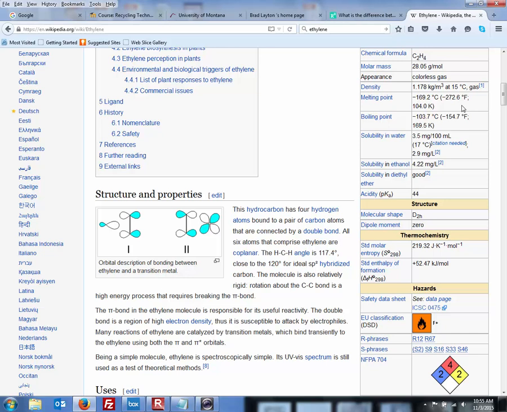So it's a gas. As you can see here, it's boiling more or less at negative 104 Celsius. So anything above that temperature, ethylene is a gas.